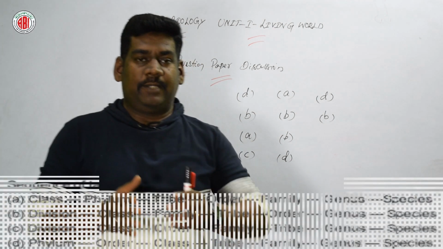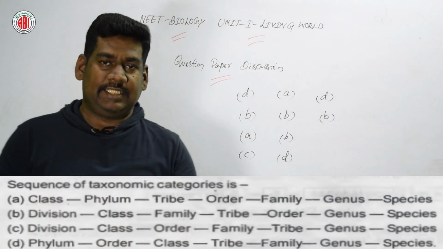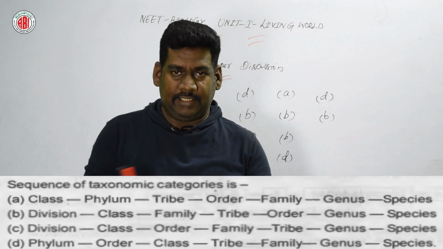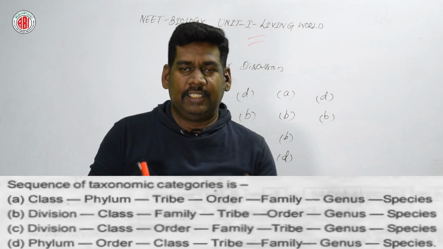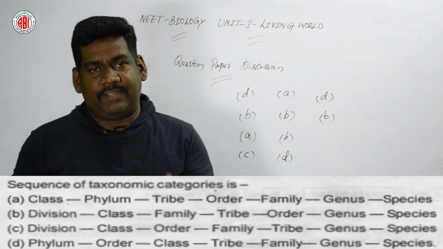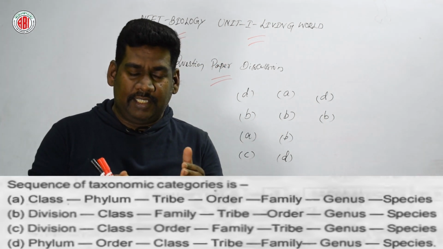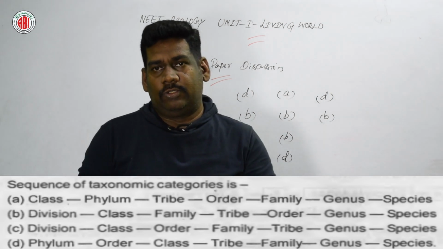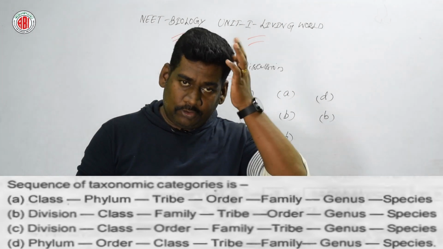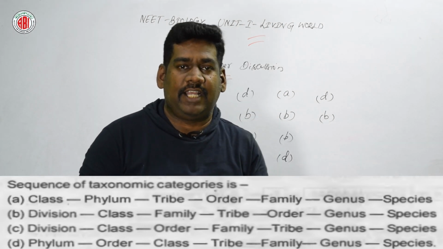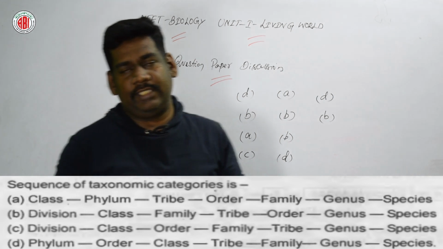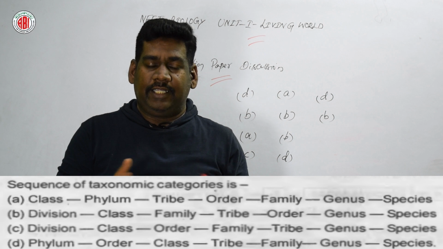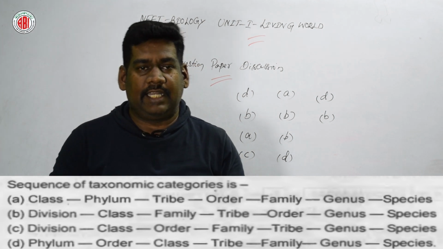The next question is about a sequence of taxonomic categories. When we are talking about taxonomical categories, these terms are involved: species, genus, tribe, family, order, class, division or phylum, followed by kingdom. This is like an ascending order. Let us see the correct sequence. In the first option, class comes before phylum, so this is not the correct sequence.